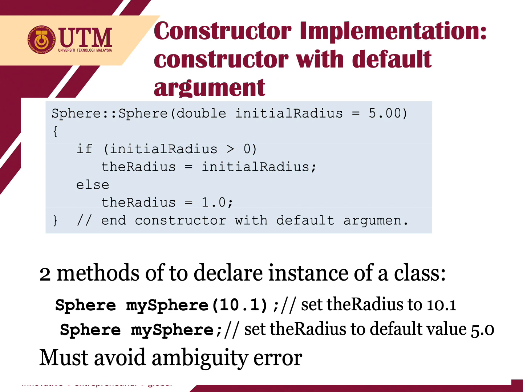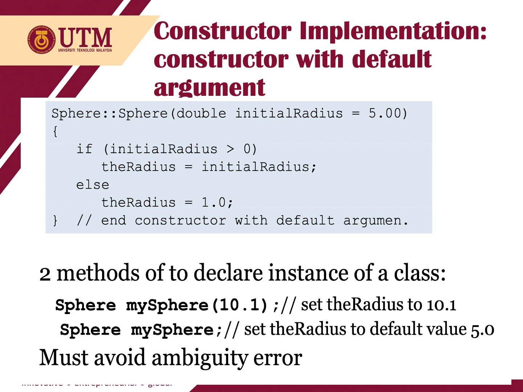Next we have a constructor with default argument. You can see here the difference from the constructor with argument. In the constructor with argument, we do not assign any value to the argument, but for the constructor with default argument, we need to assign a value here. So you can see that we assign initialRadius equal to 5.